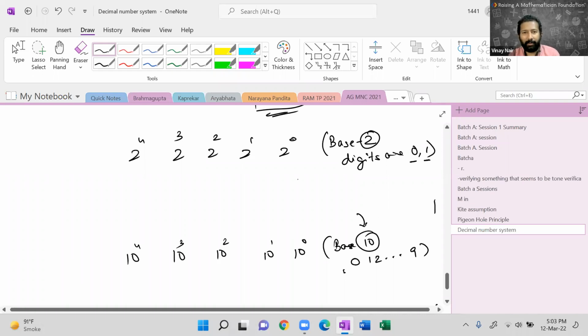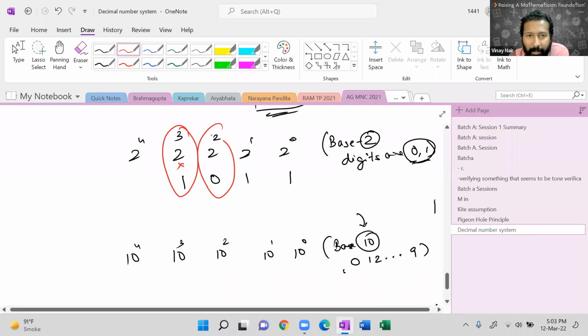Okay. And when we write a number, for example, for base 2, we can use only digits 0 and 1. So if you write 1, 0, 1, 1, that would mean 1 multiplied by 2 power 3 plus 0 multiplied by 2 power 2 plus 1 multiplied by 2 power 1 plus 1 multiplied by 2 power 0.